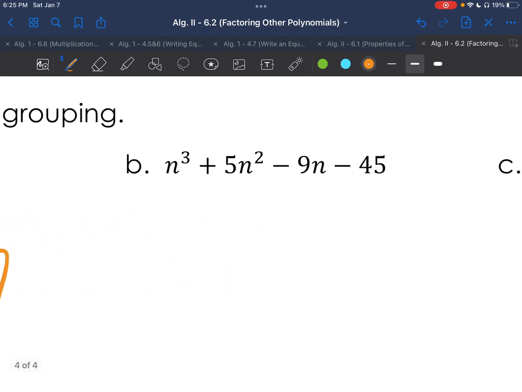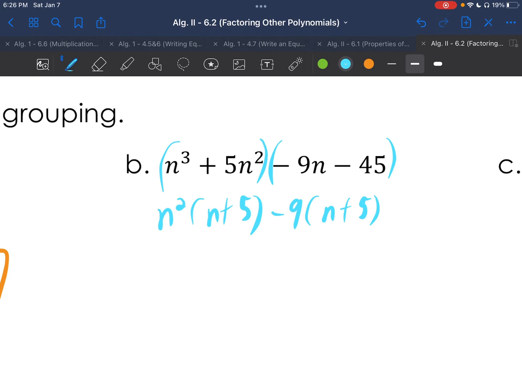Letter B, we're going to group the first two together, last two together. The first two have an n squared, and we're left with n plus 5. The second two start with a negative, so we take a negative out, and take a 9 out, so we're left with n plus 5. Notice that they're the same. So we end up getting n plus 5 out in front, and the other one is n squared minus 9.